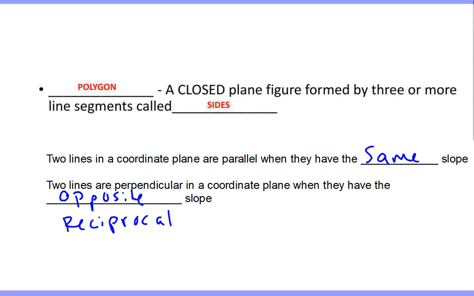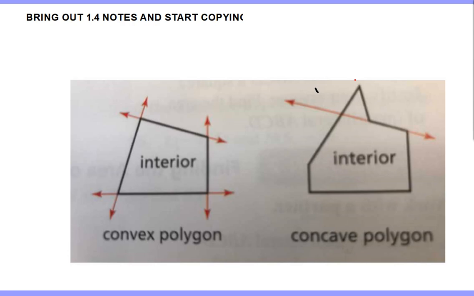In this video, the success criteria is identifying the difference between concave and convex polygons. Convex polygons, simply put, are polygons in which, if I drew a line, like this red line right here, all the way through each side, I would never hit the interior of the polygon.